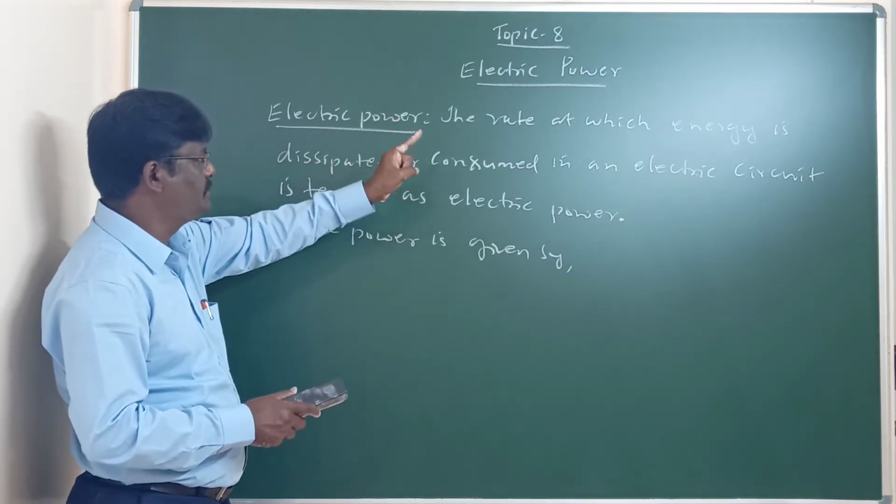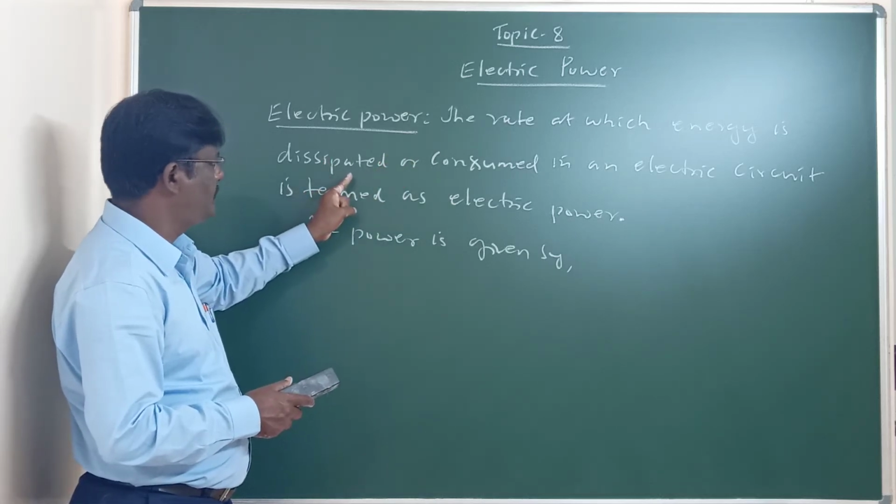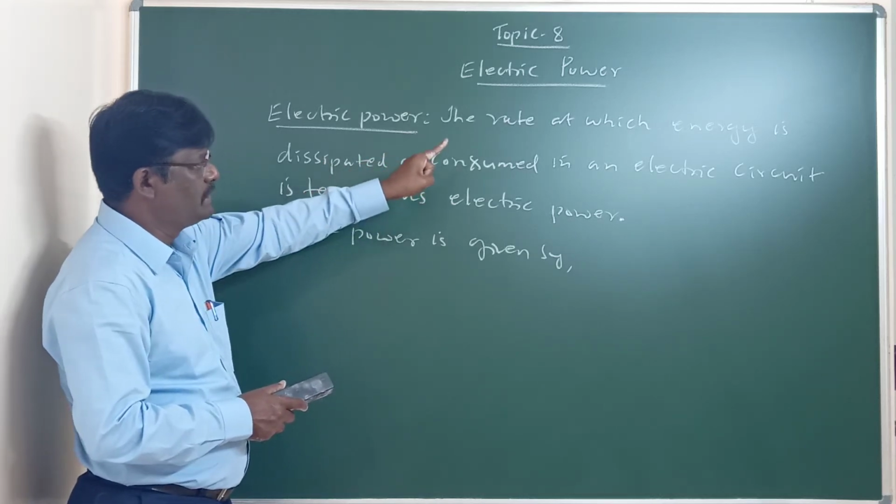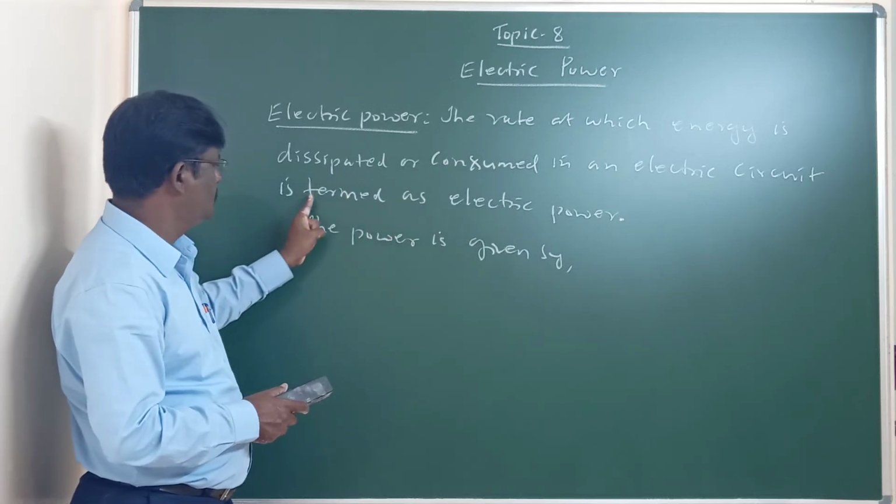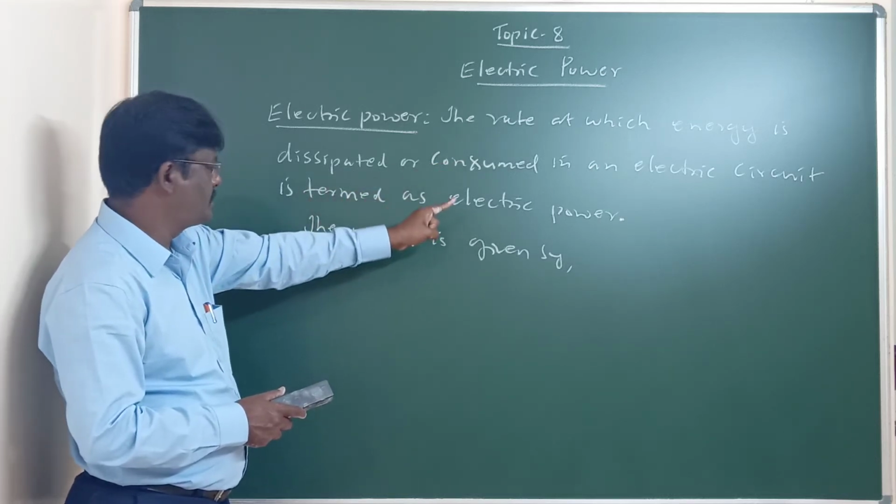The rate at which energy is dissipated, transferred or consumed in an electric circuit is termed as electric power.